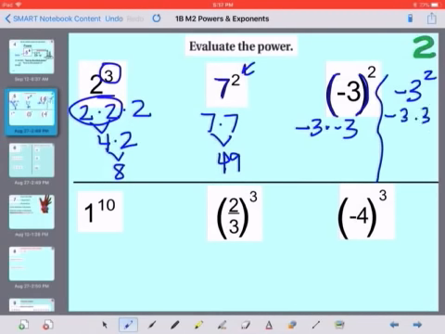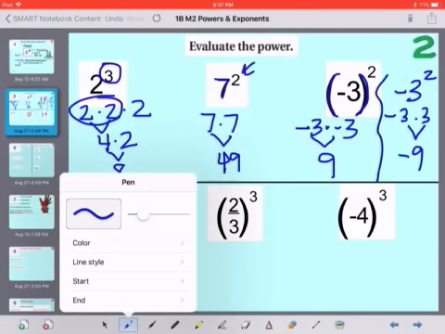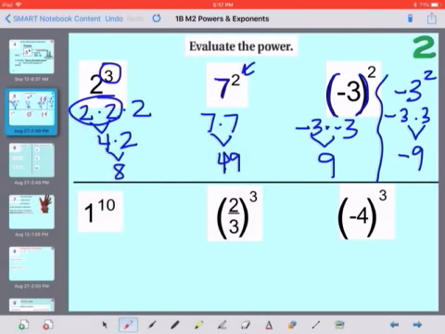See the difference? This negative is on the inside. You have it twice because now a negative times a negative makes a positive. 3 times 3 is 9. Over here, we still have 3 times 3, which is 9, but one's positive and one's negative, so your answer is a negative 9.